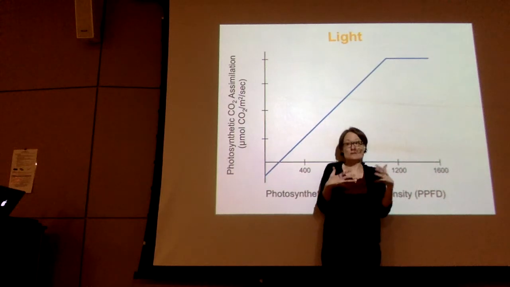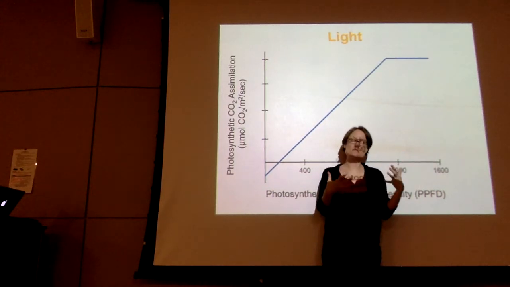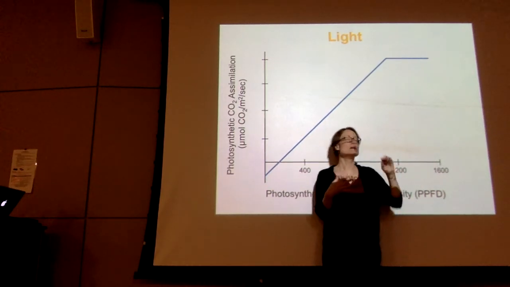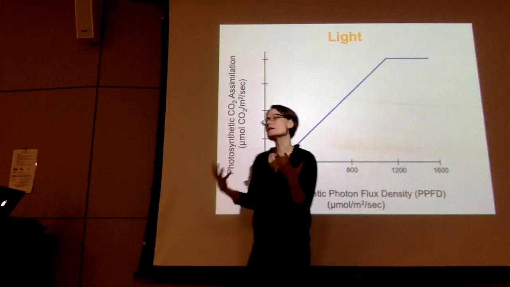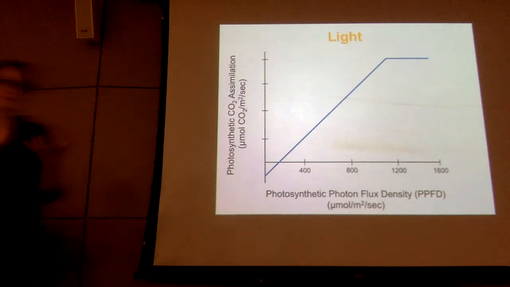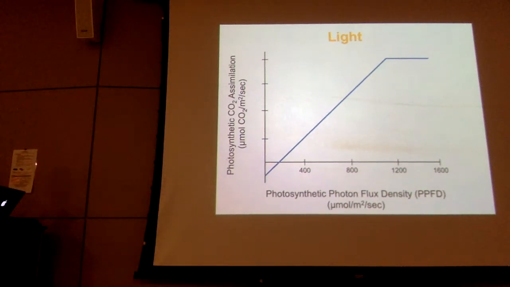And so it could continue to fix carbon if its tissues weren't being damaged. Okay, so at some point, the light gets so intense, you're cooking the plant. You don't want to cook the plant anymore, right? So basically the more light you have, the more photosynthesis you can do until you get to this maximum thing where you're starting to damage the plant. Okay.